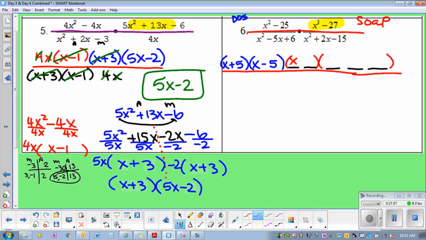X. What's the cube root of 27? 3. What goes in this first one? X squared, because you multiply this first one times itself. What goes in the middle? You multiply the two together. And then what goes last? 9, because it's 3 times 3. And then same sign, opposite, always plus.